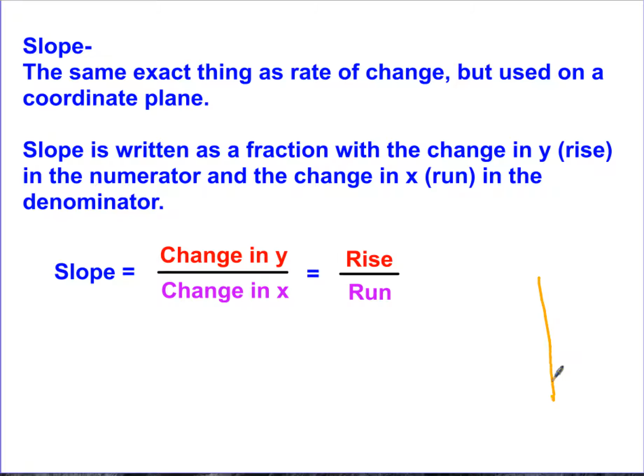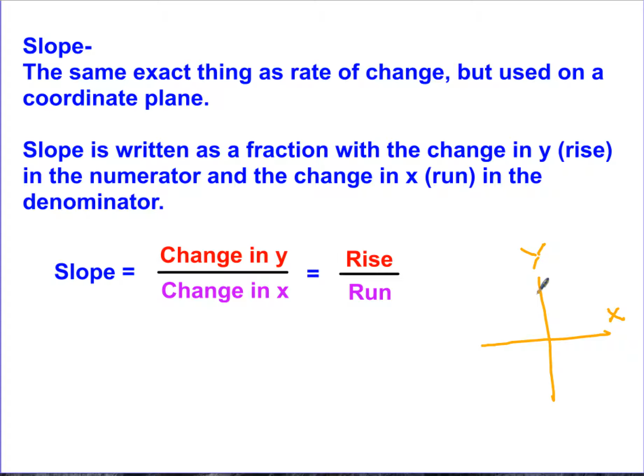If we're looking at a coordinate plane, here's my y-axis, here's my x-axis. Sorry guys, it's not working that well. The change in y is how much I'm changing going up and down, because the y-axis goes vertical. That's why it's my rise.